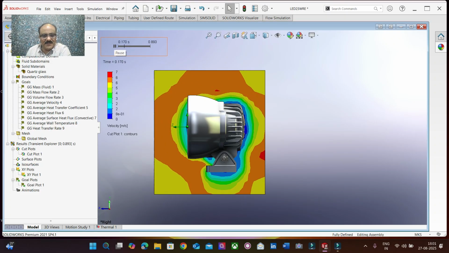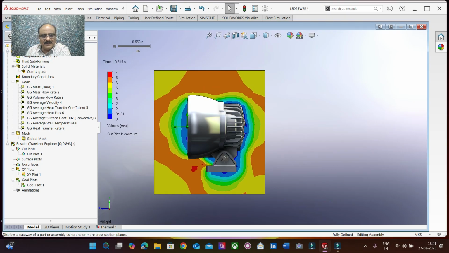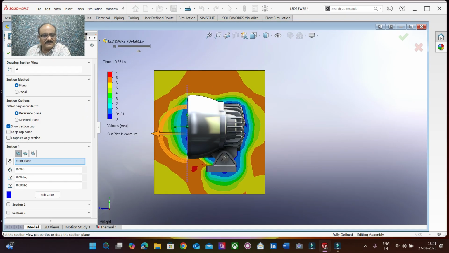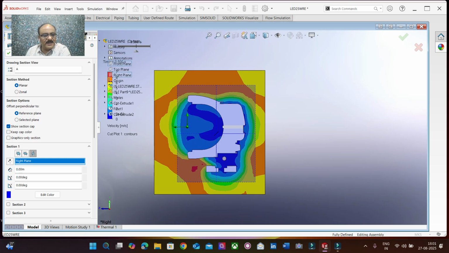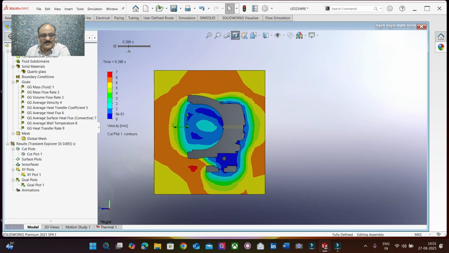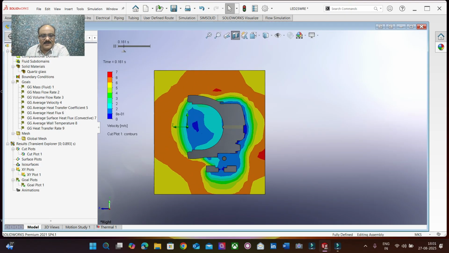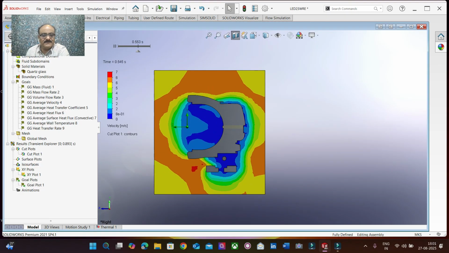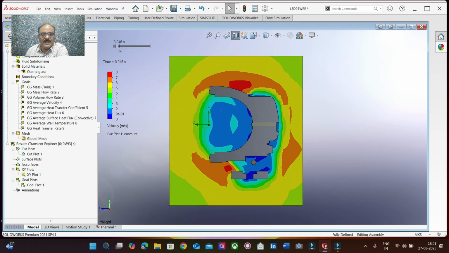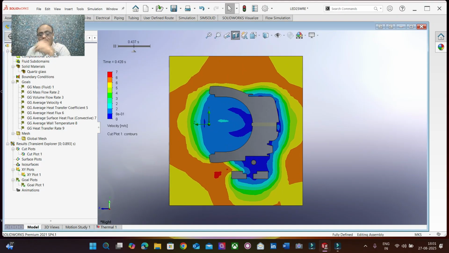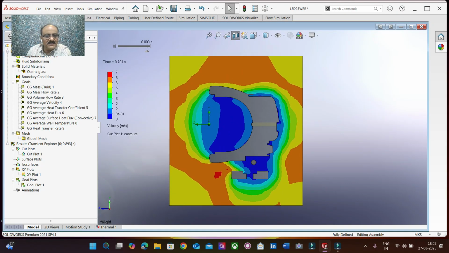Now let's remove this, and say that it's exactly divided into half. Here we are able to find out how the velocity, the airflow, is within the system.